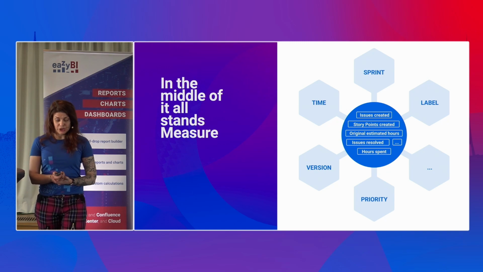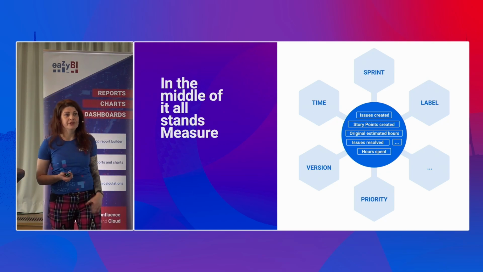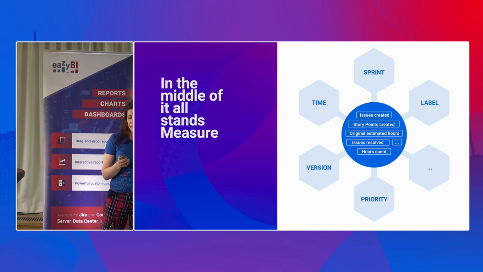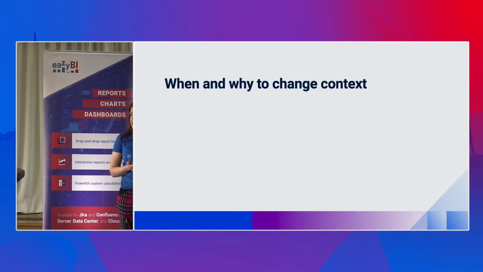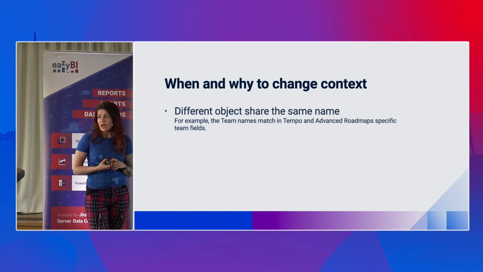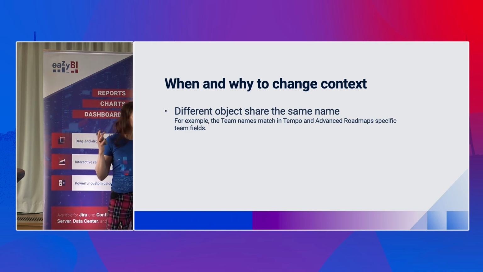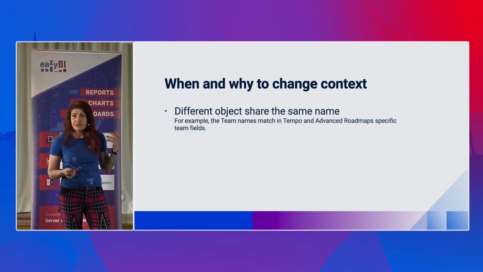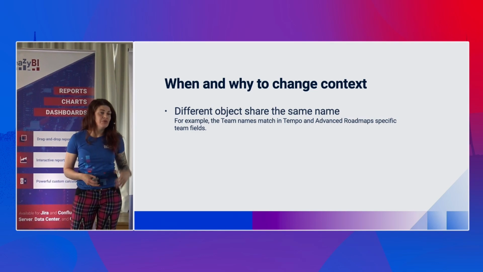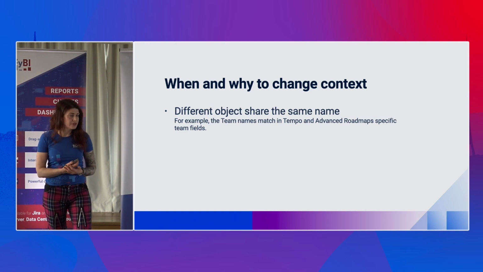When you might need to change the context, if you have already a lot of different ways how dimensions are related? There might be, at least I counted 3 use cases. One is when there are 2 different objects and they look the same. For example, it could be a team field in one Jira app, and another team field in another Jira app.